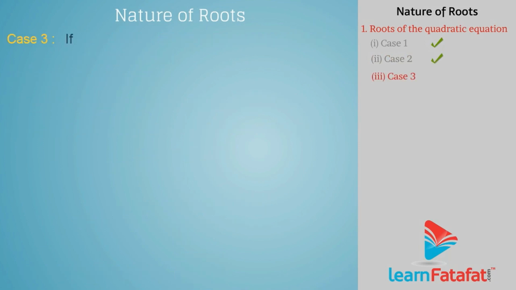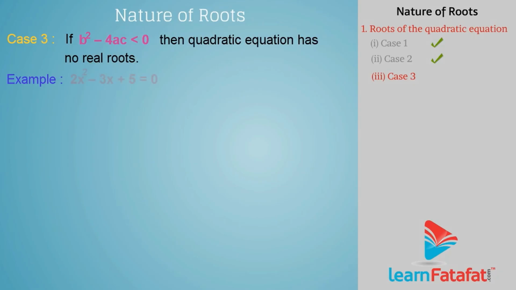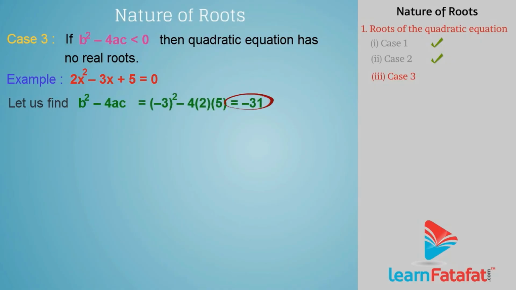Case 3. If b square minus 4ac is less than 0, then quadratic equation has no real roots. Example: 2x square minus 3x plus 5 is equal to 0. Let us find b square minus 4ac. That is, putting all the values, we get minus 31, which is less than 0.